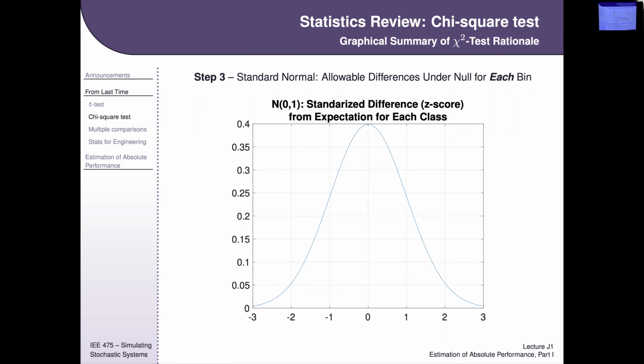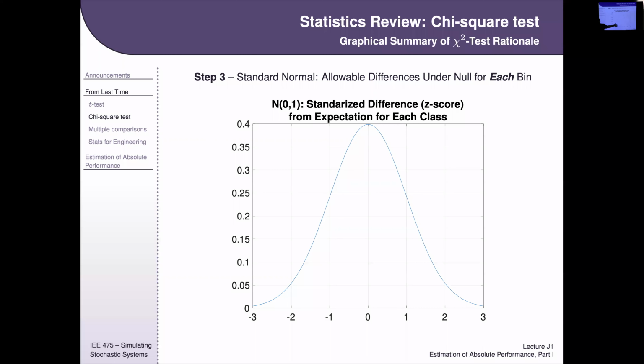I can then add up all of those things together. That would be one way to view it, or I could square them and add them up. And that's perfectly fine too. So if I view the z-score in each bin as a deviation from the expectation of that bin, I want to say, well, what's the deviation across all the bins?